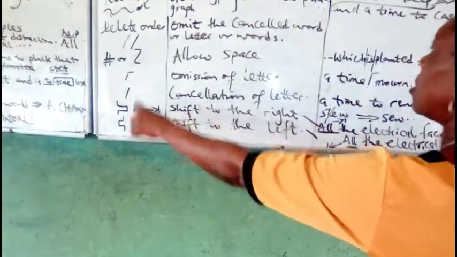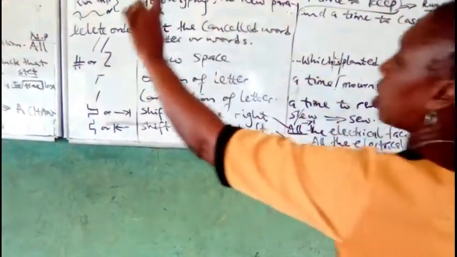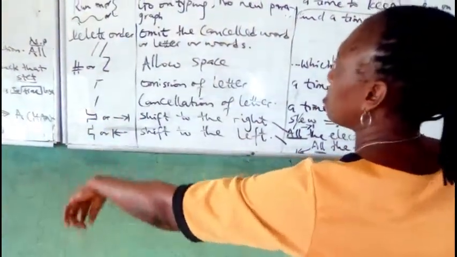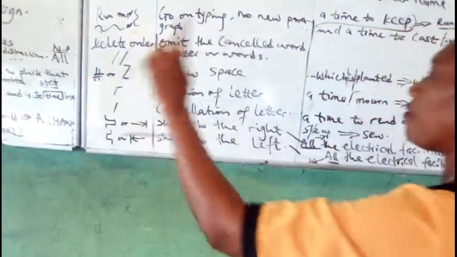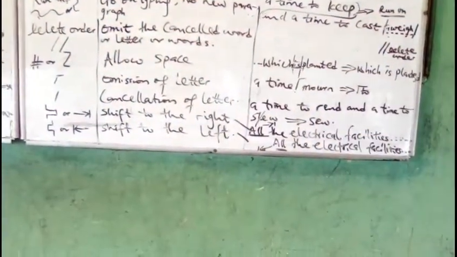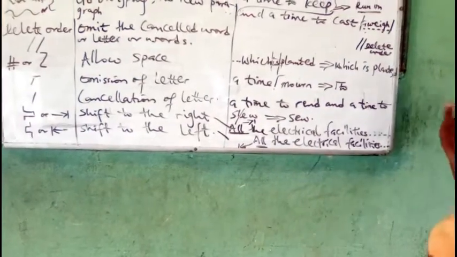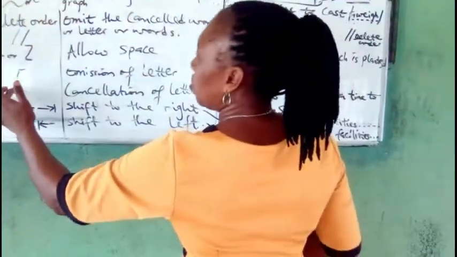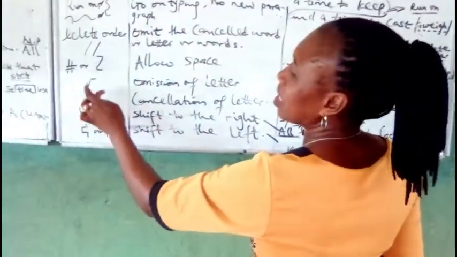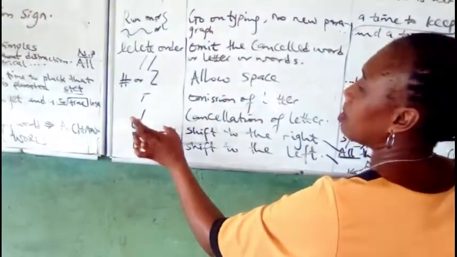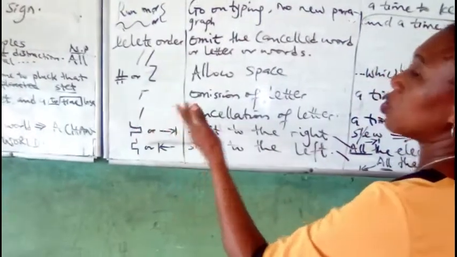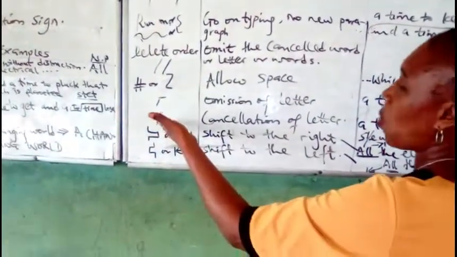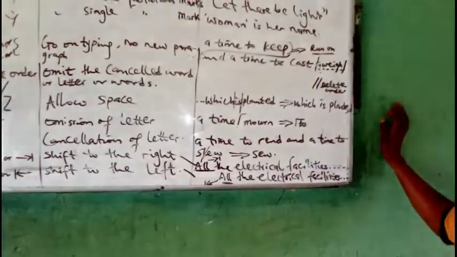Then cancellation of letter. This only one slash is talking of a letter only. But if it's more than one, you can put one and put another one where the letters you want to remove, or the word you want to remove, as I did here with underline.